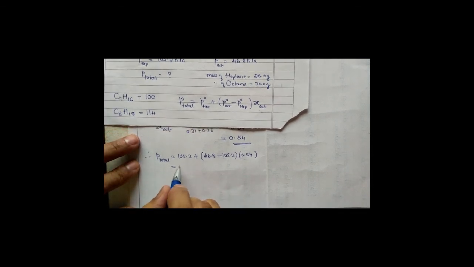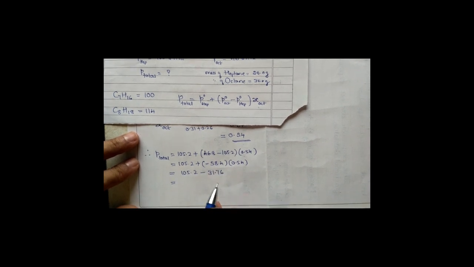So if you calculate, this is 105.2 minus 58.4 into 0.54, is equal to 105.2 minus 31.76.